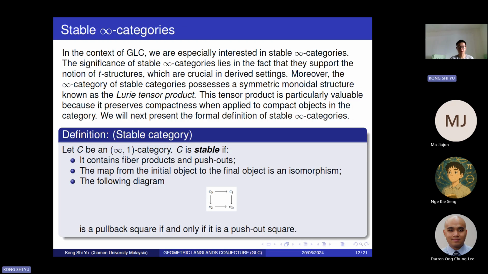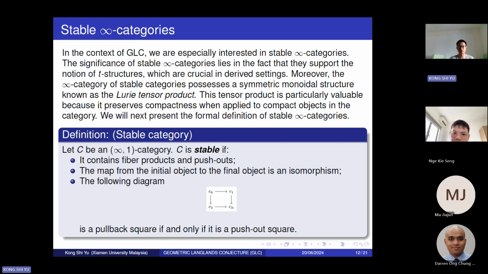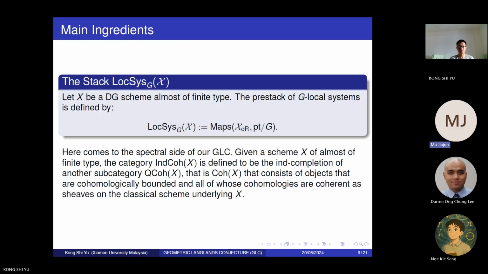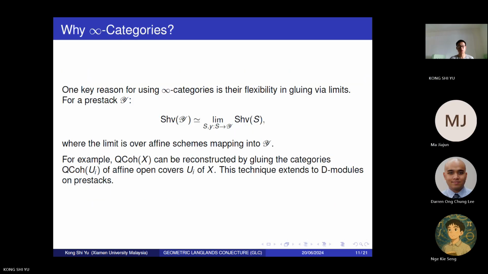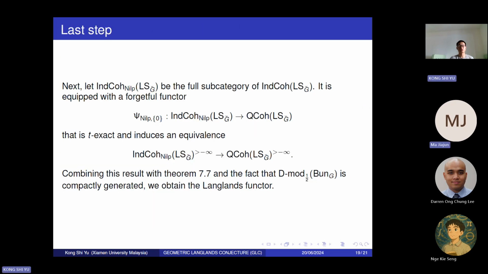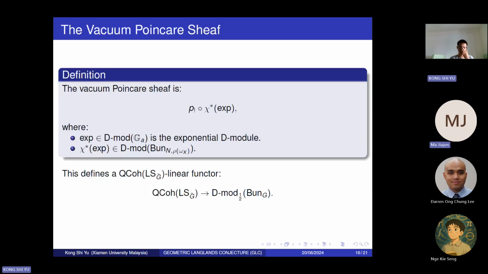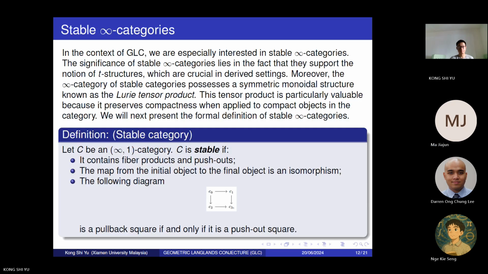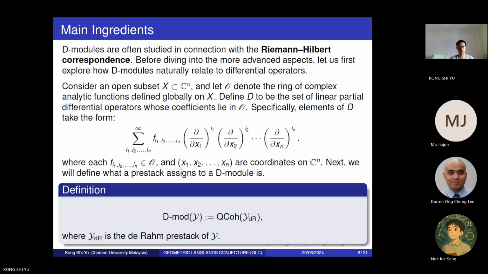Dr. Ma, you can continue if you have any questions. Can you define what is Bun_T? What are the elements in Bun_T? It is the moduli stack of torus bundles, right?